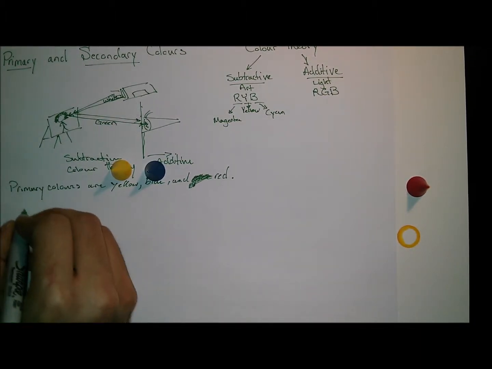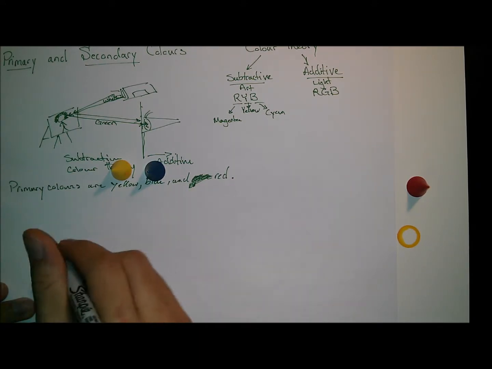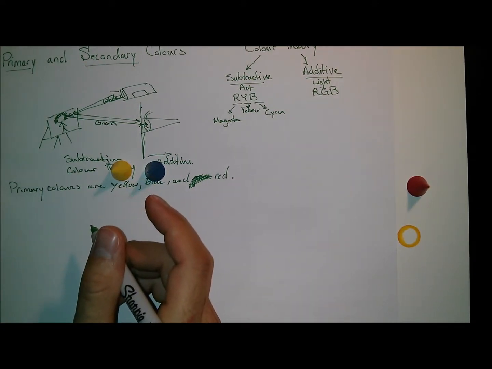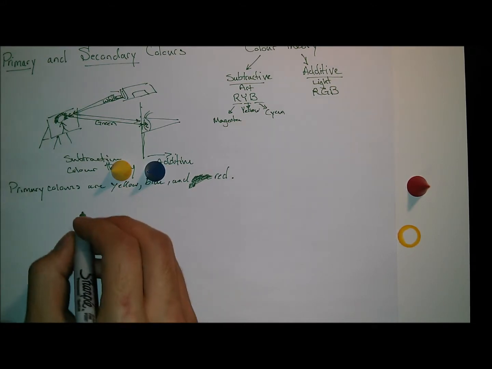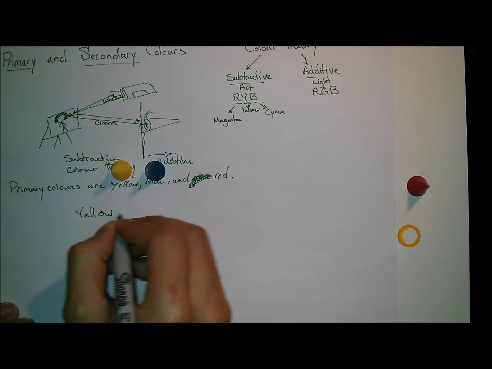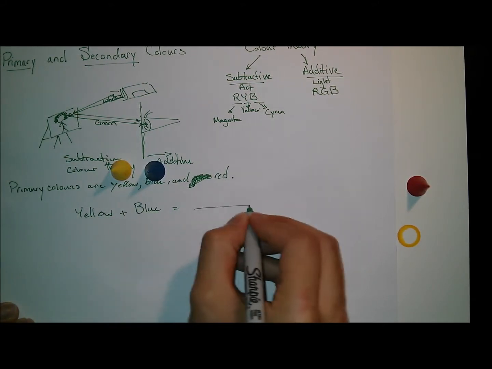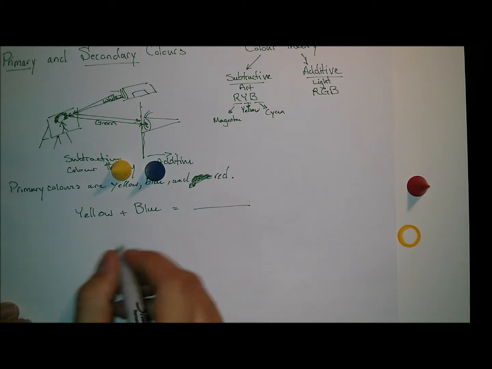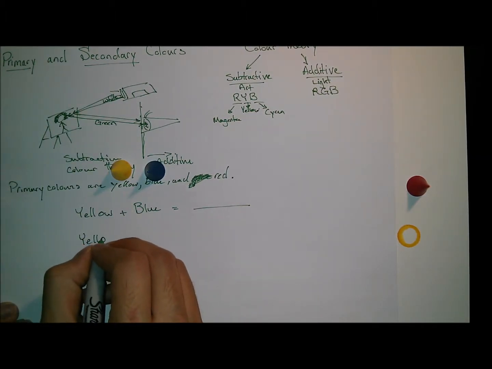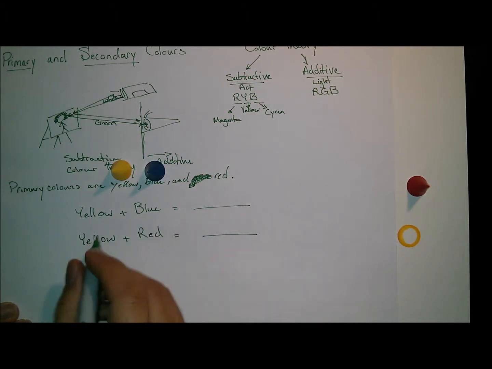So let's make combinations from these colors, and I'm not going to repeat them. You will basically get three. If I get yellow plus blue, I get a secondary color. Let's make another one, yellow plus red. I get another secondary color.